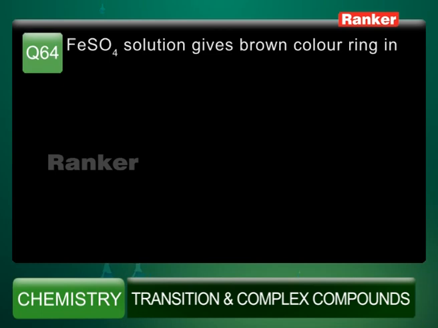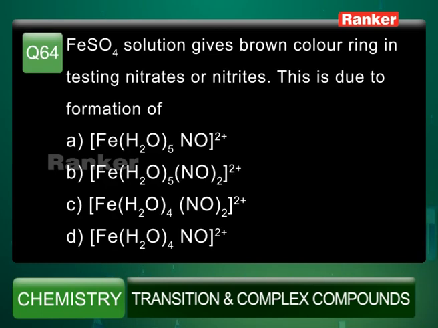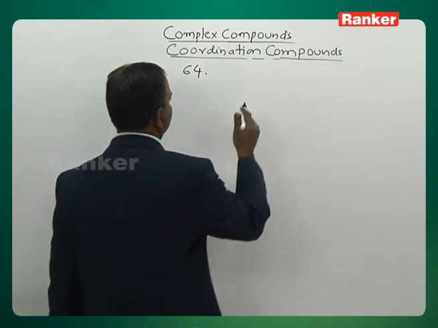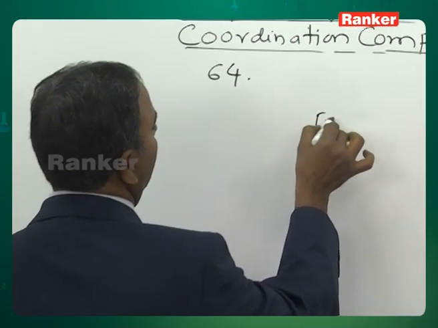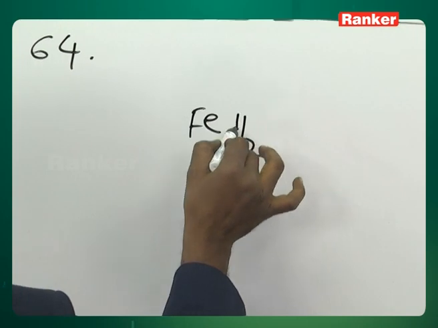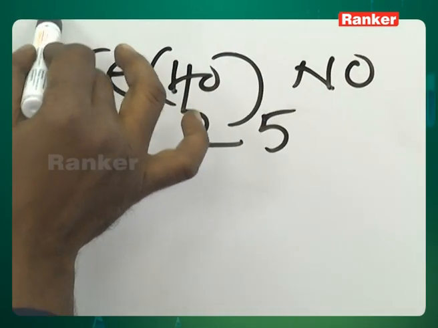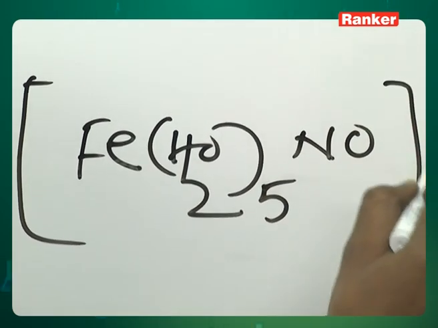Coming to question number 64, FeSO4 solution gives a brown color ring in testing nitrates or nitrites. This is due to the formation of a complex. Then you have to check the brown ring complex. What is the actual formula of the brown ring complex? One should remember, it's very, very important. Brown ring complex formula: [Fe(H2O)5NO]SO4.